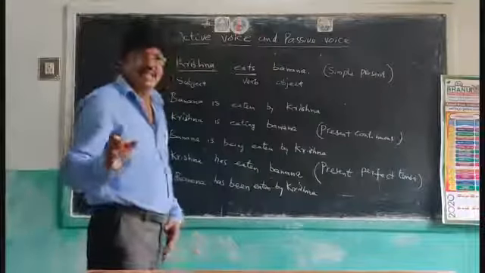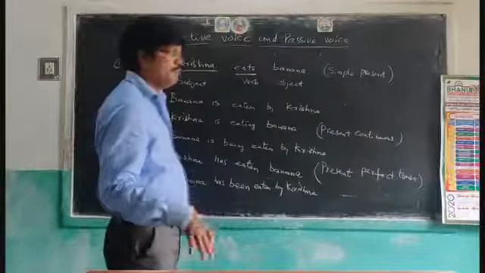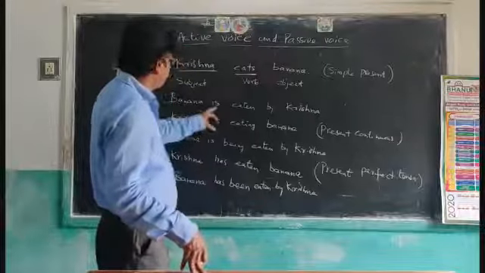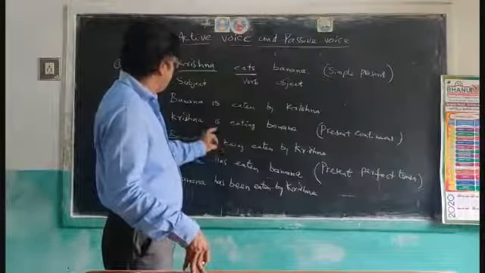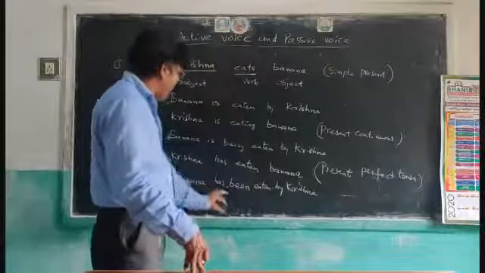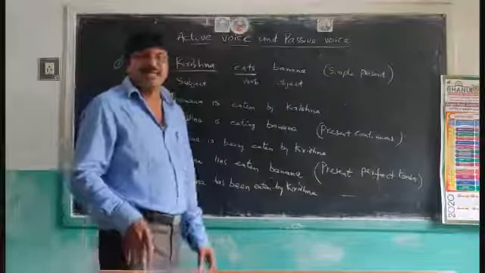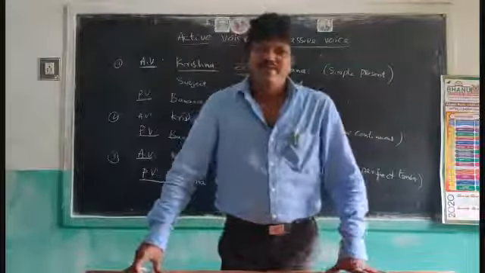The only change is in the verb, the be form: is eaten, is being eaten, has been eaten. Okay, children? Have you understood?